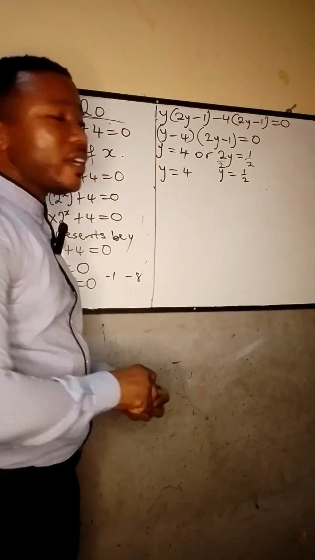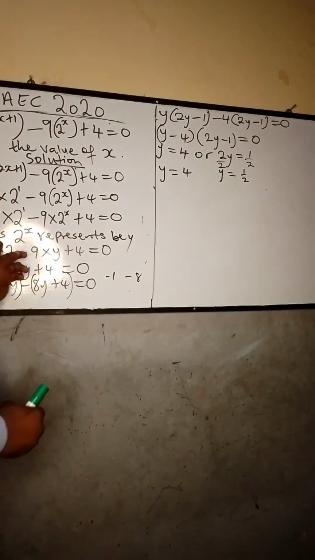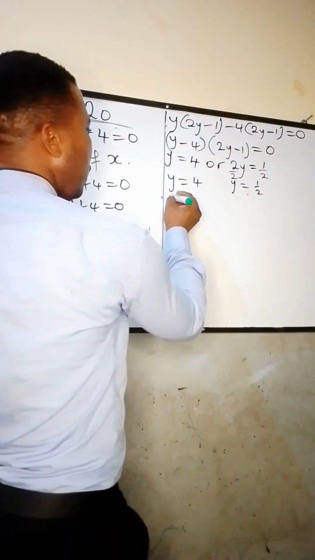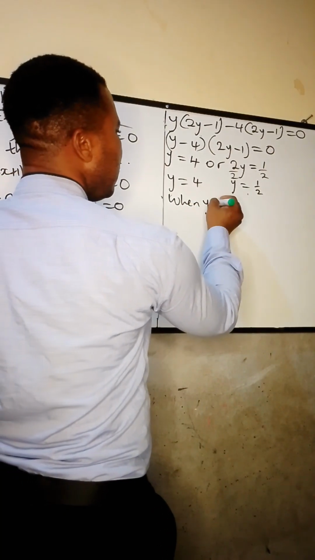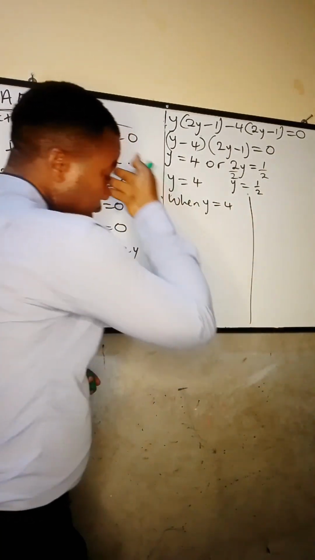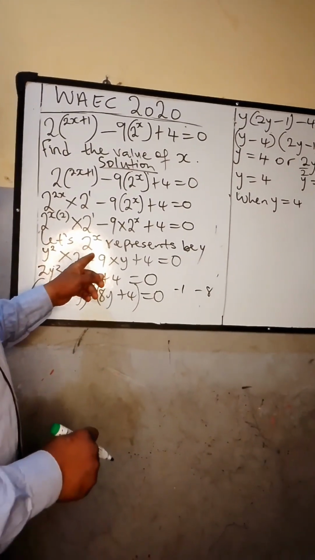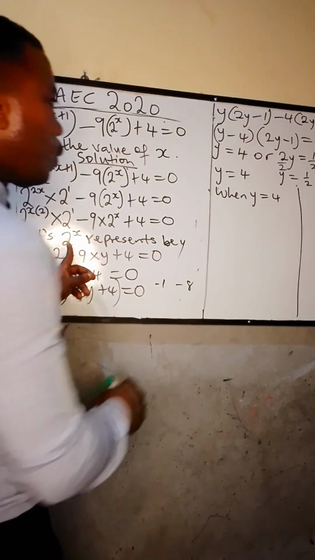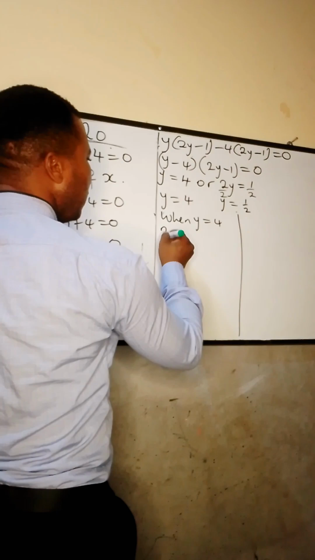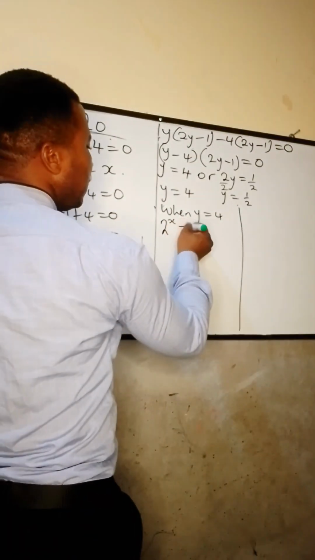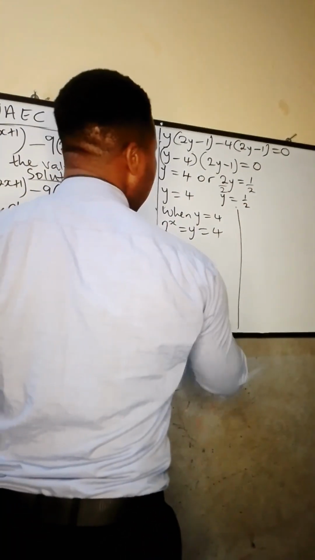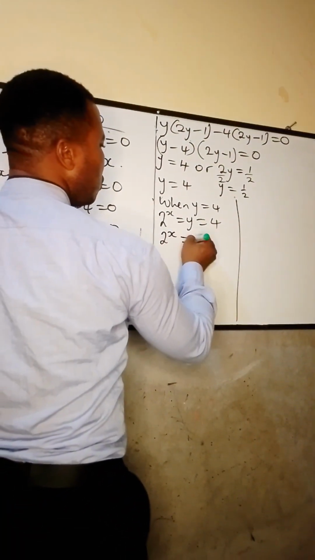Okay, but remember, here we said let 2 raised to the power of x be y. So when y is equal to 4, then we should remember that we used y to replace 2 raised to the power of x. That means 2 raised to the power of x is equal to y, which is equal to 4.